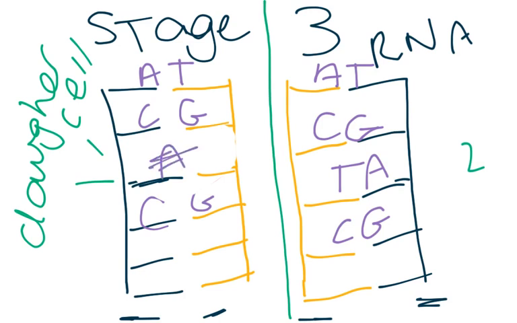Oh, hang on. Oops. That's supposed to be an eraser. There we go. So we go back to having the T and then the A, and we go, oh, cool. That is exactly how it's supposed to be for a healthy cell.